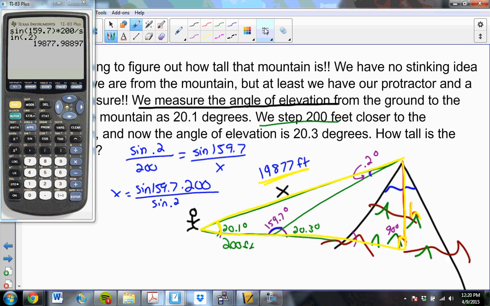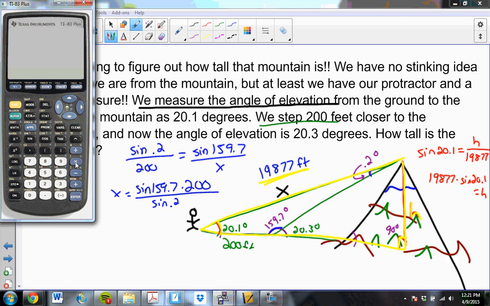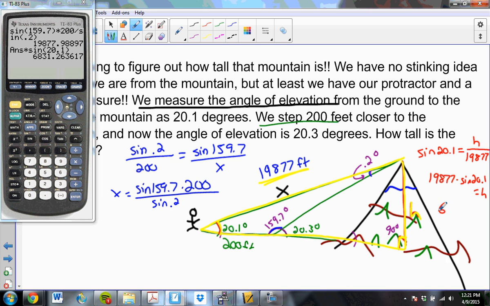I have the sine of 20.1 degrees is equal to the opposite over the hypotenuse, 19,877. So 19,877 times the sine of 20.1 is going to equal our height. And it's 6,831 feet tall.